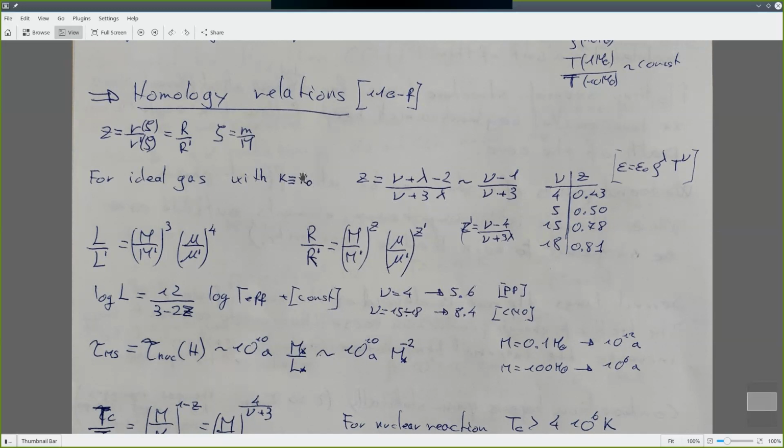If you put these conditions inside, we got the Z, this exponent that is connected with the radius, at this value. Since lambda is mainly 1, we just put 1 and keep nu, the exponent for the temperature.